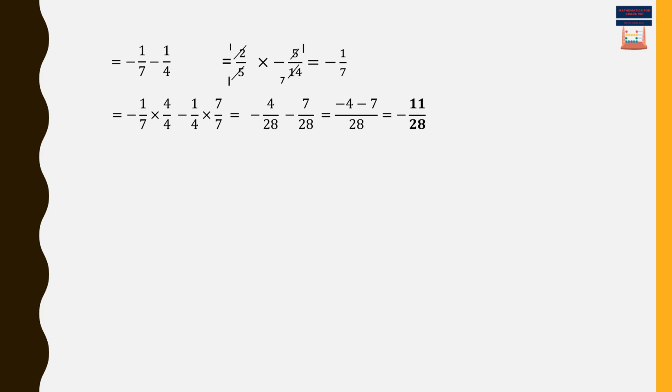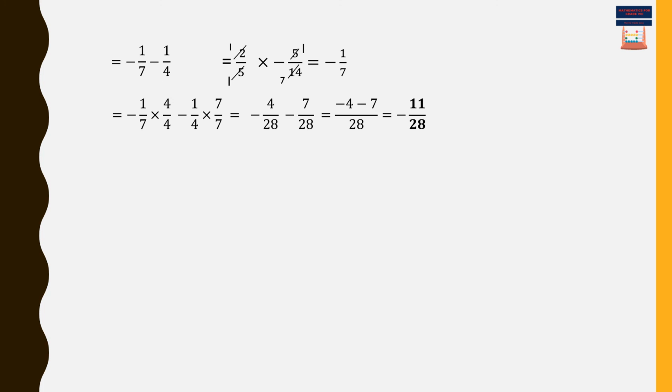So -1/7 is multiplied with 4. We get -4/28, and -1/4 is multiplied with 7 on both the sides. So we get -7/28.